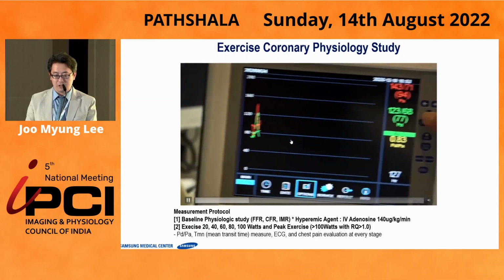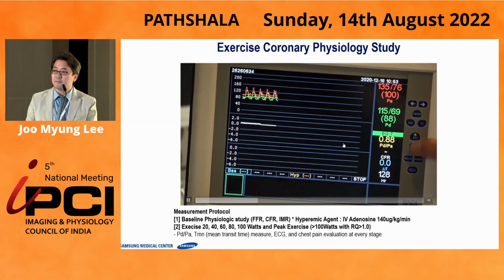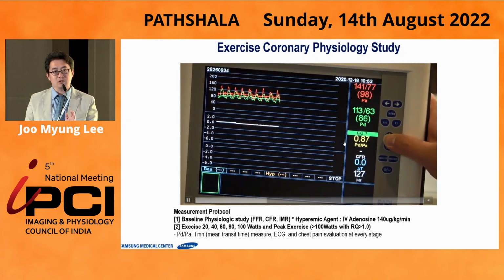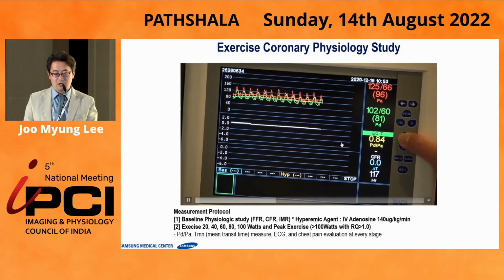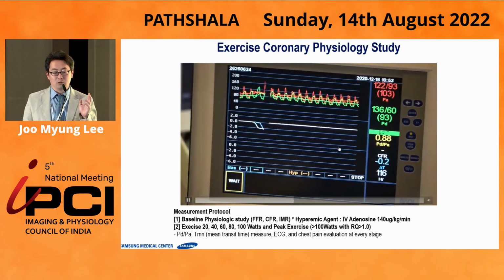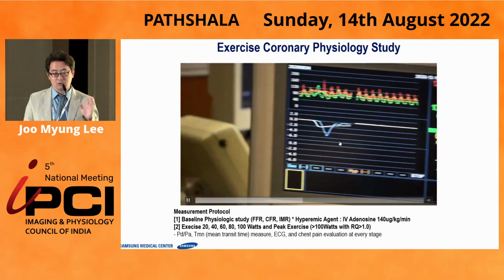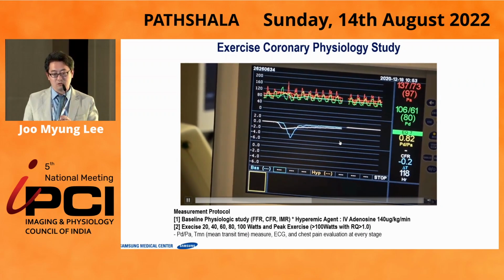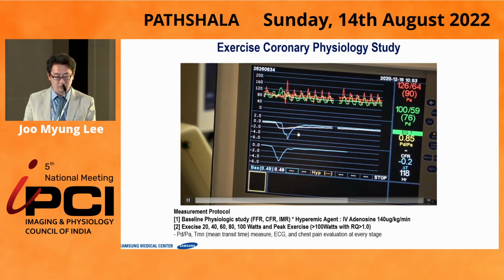After getting the baseline physiology, at each step of the exercise, we measure the mean transit time because we don't have a Doppler wire. They don't sell the Doppler wire anymore. So we are measuring the exercise mean transit time as a surrogate marker of coronary flow velocity.